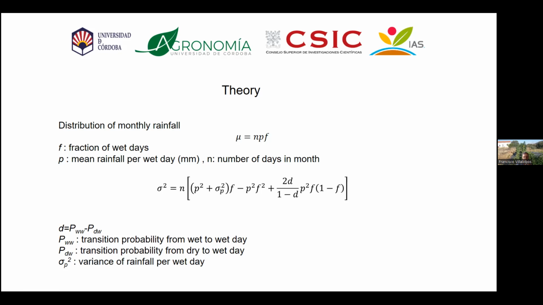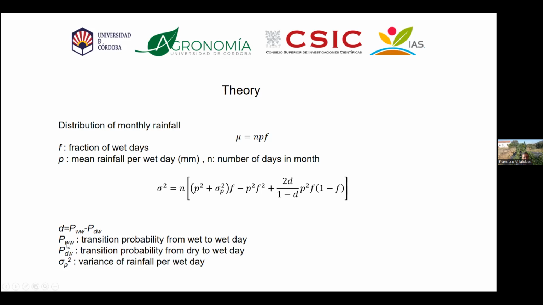We will also have a variance for monthly rainfall, which is given in this equation, where the variables to consider are, apart from F, N, and P, also the variance of rainfall per wet day. So if we use a given distribution for calculating the occurrence of rainfall, that will determine the variance.